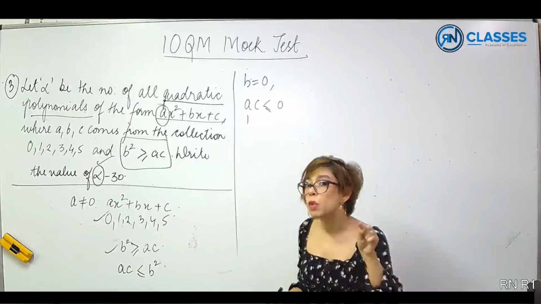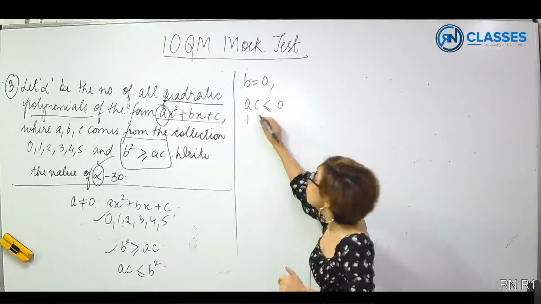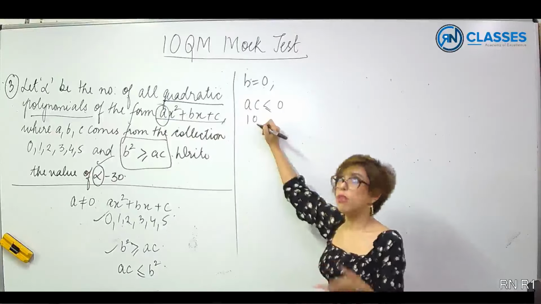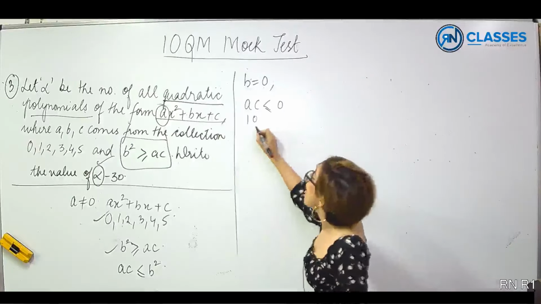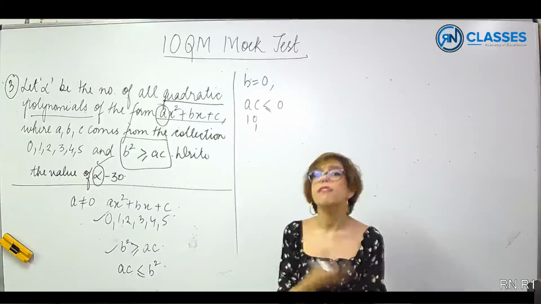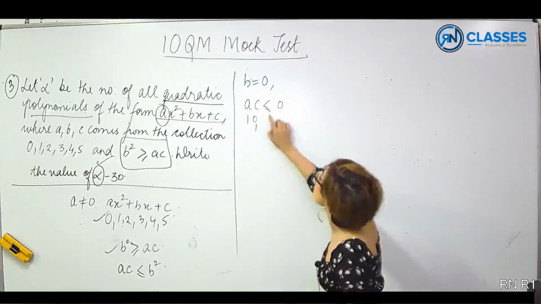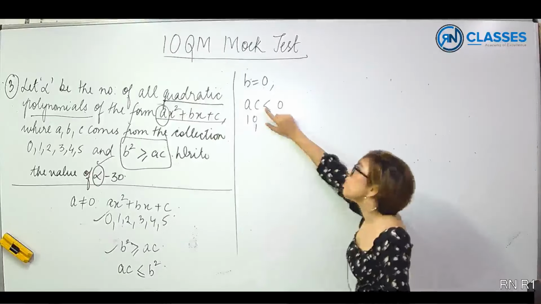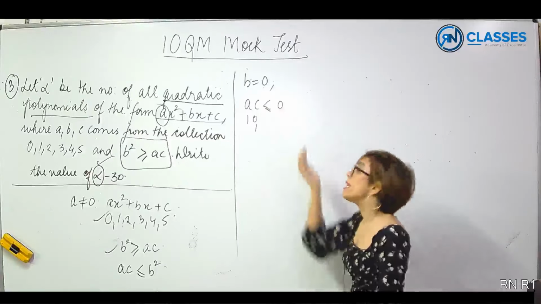Corresponding to a equal to 1, I need to check out the values of c. Now, do you think I can put c as 0? Yes. 1 into 0, that is 0, which is obviously less than or equal to 0. Then, do you think I can put c as 1? No. Then 1 into 1 becomes 1, and 1 is not less than or equal to 0. He says that ac should be less than or equal to 0, but less than 0 as in negative is not possible, since a and c are non-negative numbers.